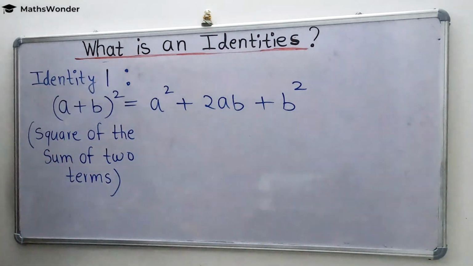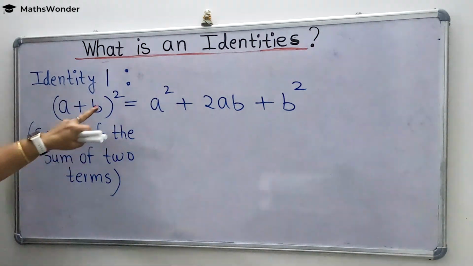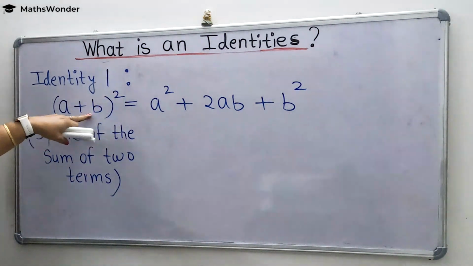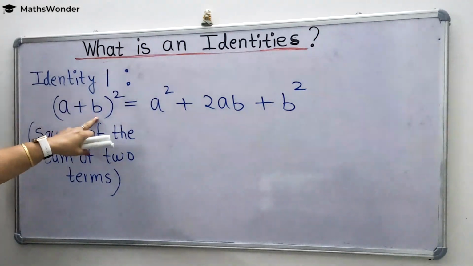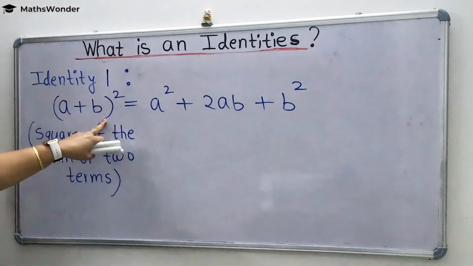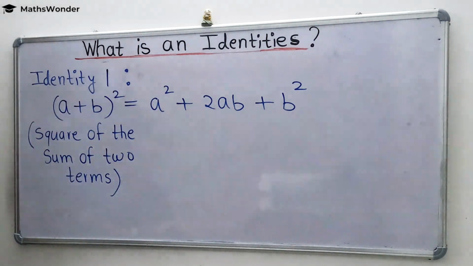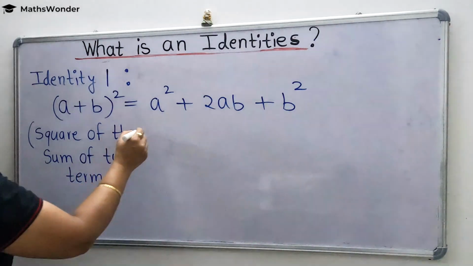Why? Look at the board. Square of the sum of the two terms, right? This is the explanation of this left hand side.